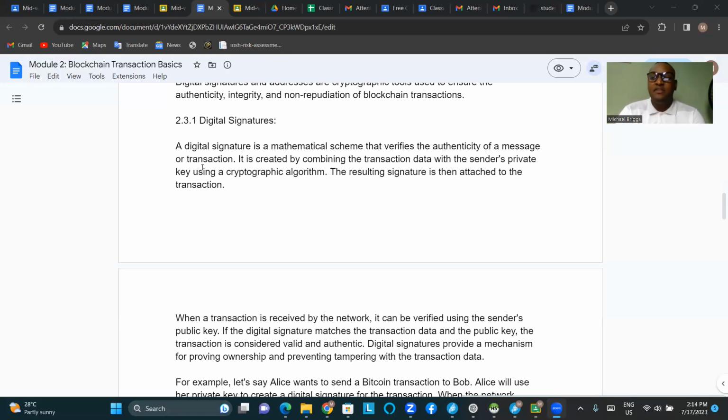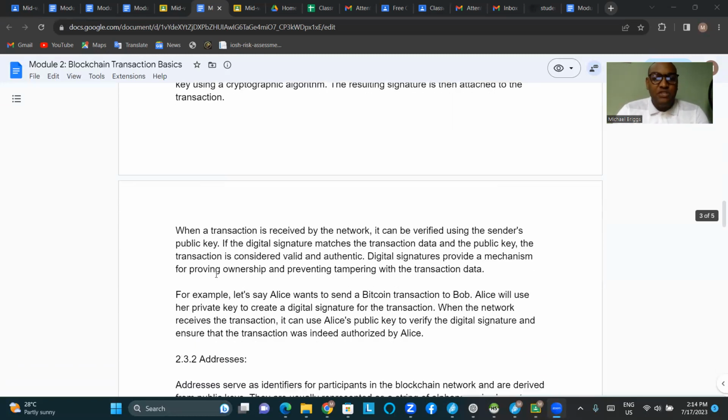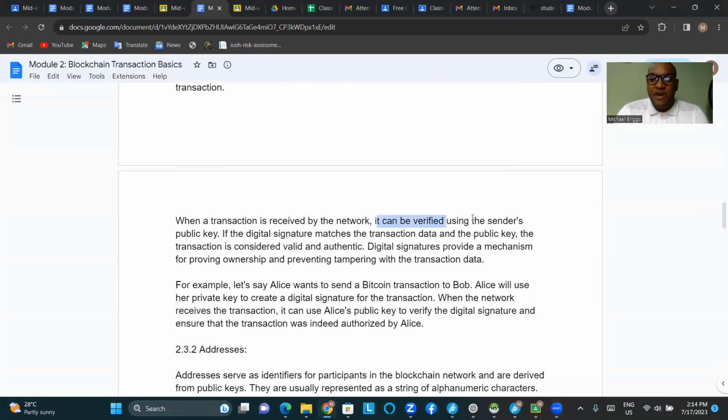When a transaction is received by the network, it can be verified using the sender's public key, all right? If the digital signature matches the transaction data and the public key, the transaction is considered valid and authentic. Digital signatures provide a mechanism for proving ownership and preventing tampering with the transaction data.